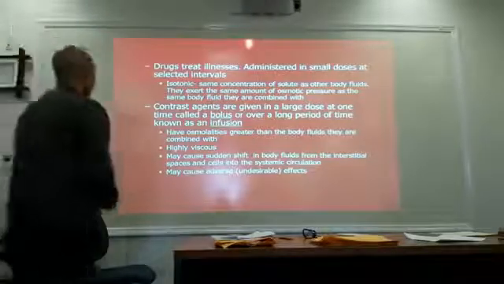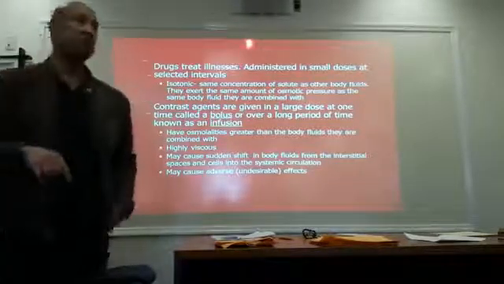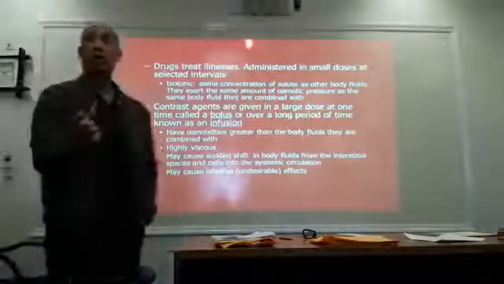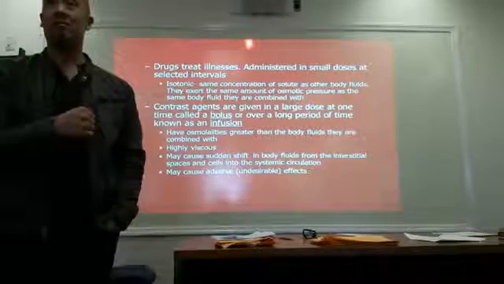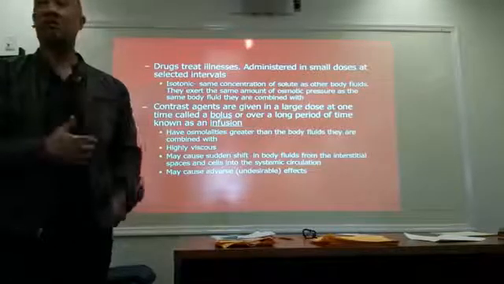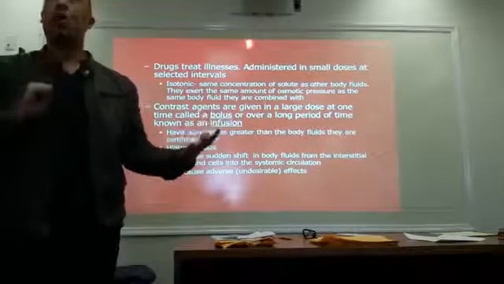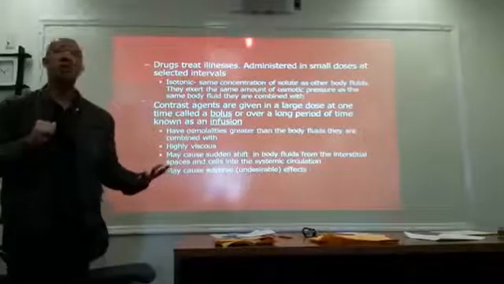So the contrast that is given, we can give it at two different speeds. Two basic speeds. Either in a bolus, where we're talking about a large volume in a small period of time, such as taking 50 cc's and injecting it in 2 to 3 seconds, or we can infuse it. Infusion is a slower rate.